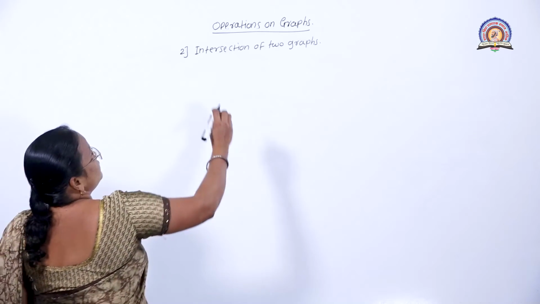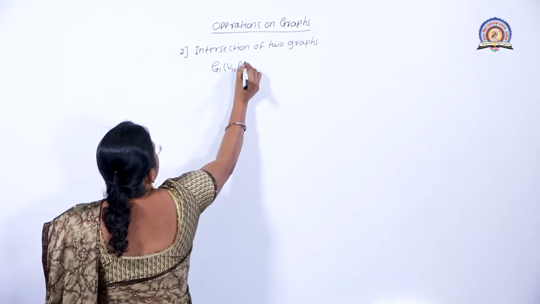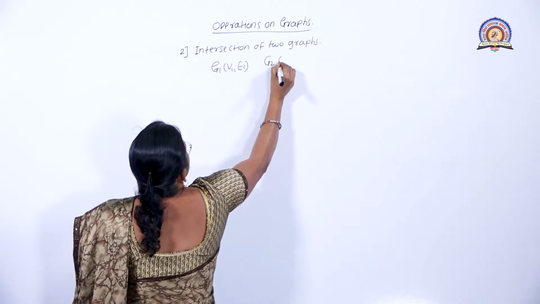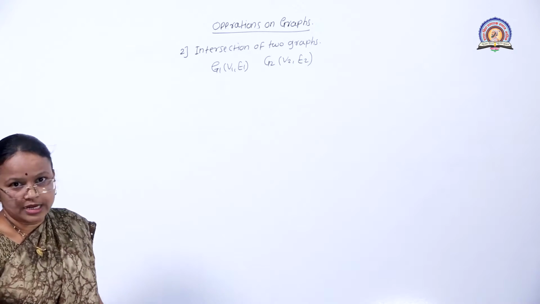Here, we are given two graphs, G1 (V1, E1) and G2 (V2, E2). These are the two graphs.